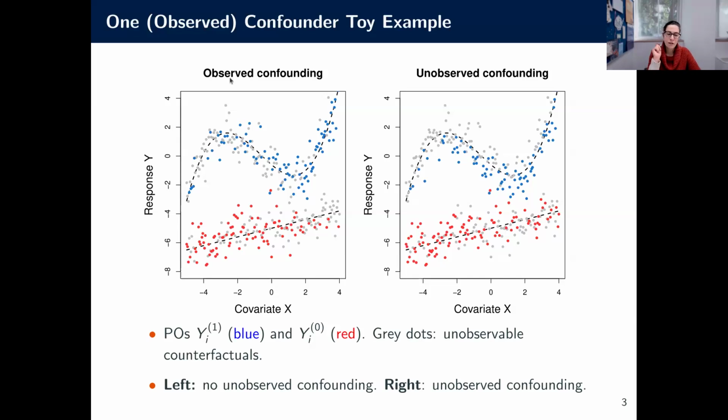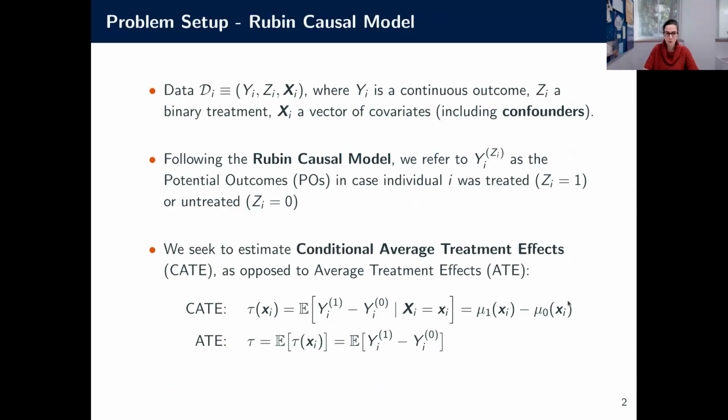It means that there's a variable in there, my X, which affects whether I will be allocated treatment, and it will affect my outcome, but I can measure it. So I can model it in some way that will allow me to try to estimate the difference between these 2 dashed curves. So the dashed curves here are the 2 means, my mu1 of X that I mentioned in the previous slide and my mu0.